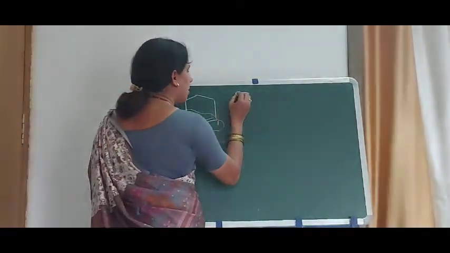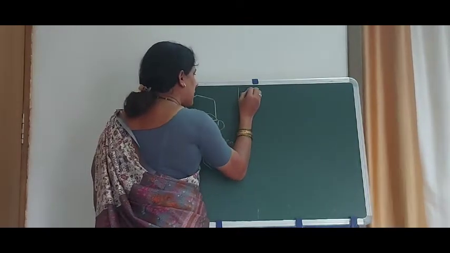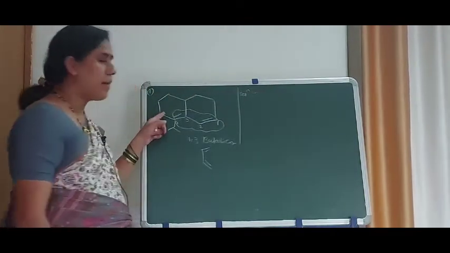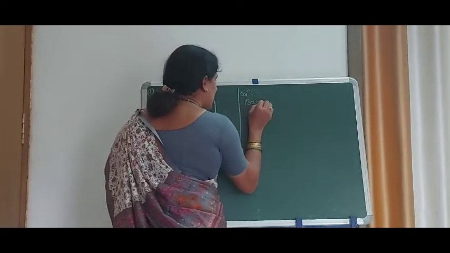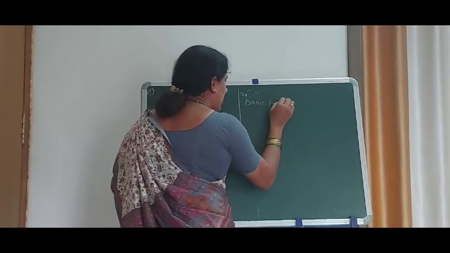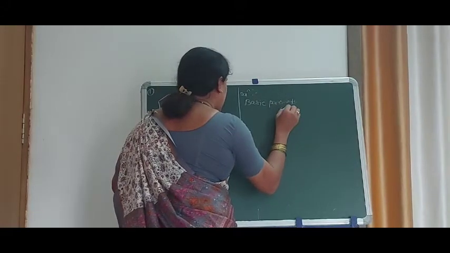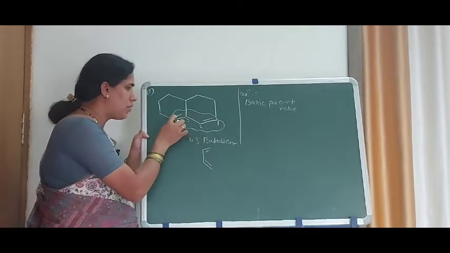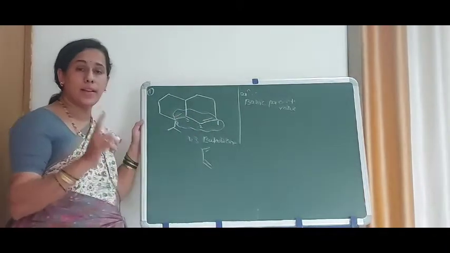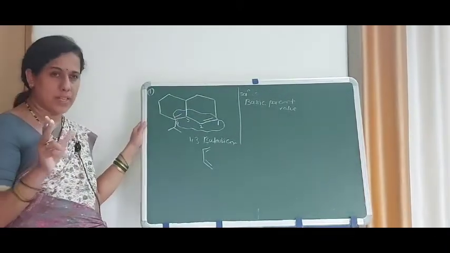Now according to the rule, what is the solution? How do we find the lambda max for the given compound? The first point is the basic value, the basic parent value. Now see here, in this case these two double bonds are present in two different rings.